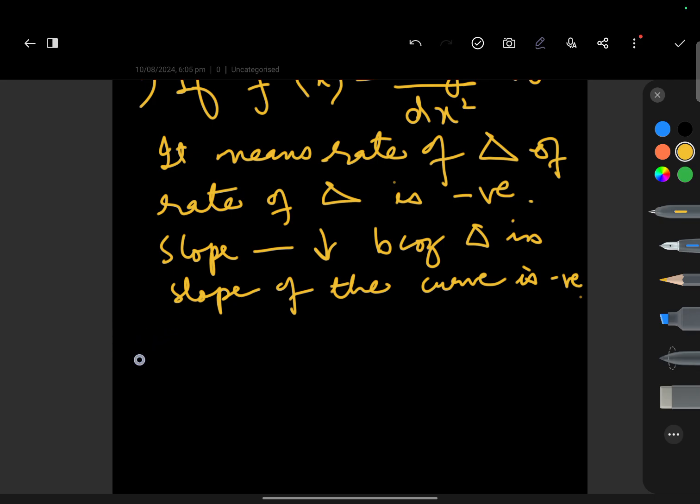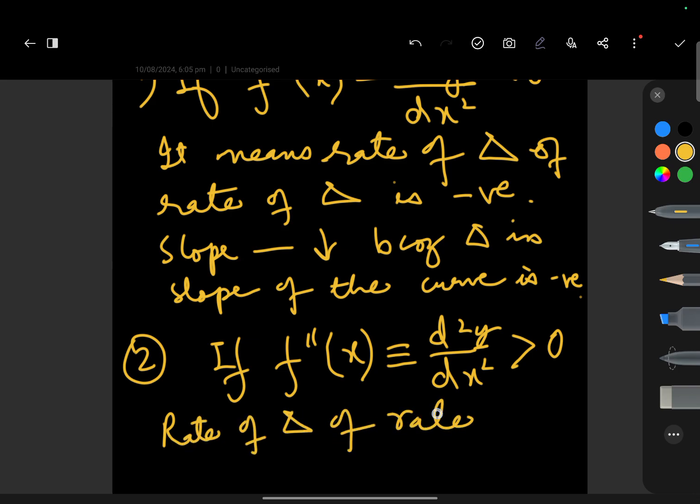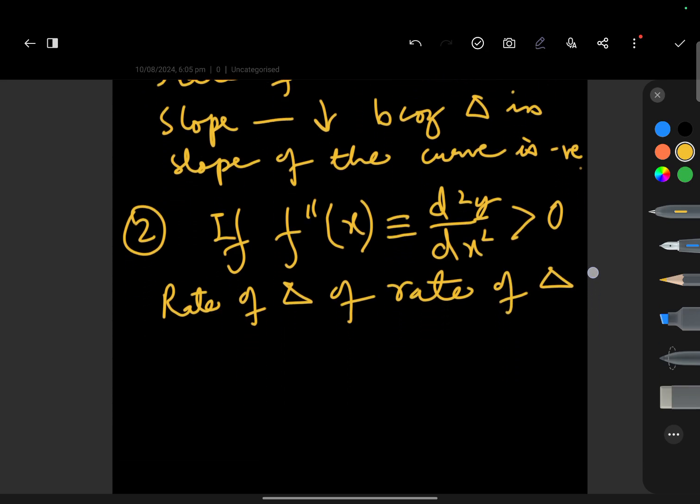The second case is if the second derivative f double prime x is equal to d square y upon dx square is greater than 0, it means the rate of change of the function is positive, or increasing.